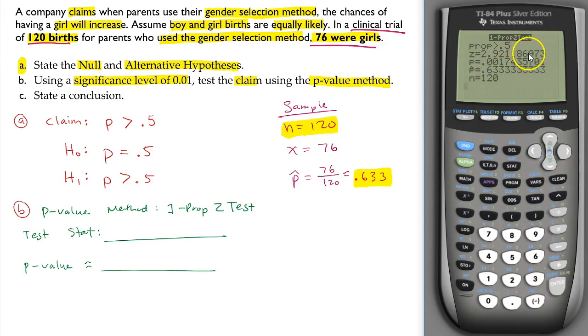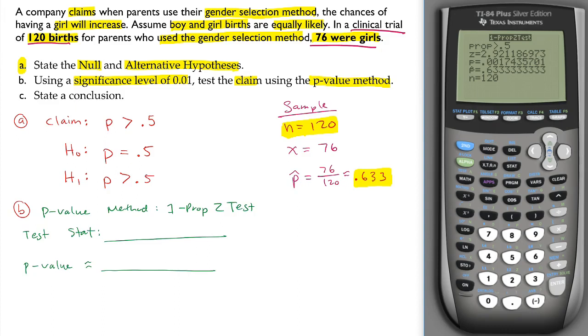This is the test statistic. This is the p-value. Again, do not confuse this p with this p right here. This is the p-value, which is the probability of getting this result. These p's right here represent the population proportion of girls. And this p hat is the sample proportion, which we calculated right here. Okay, so let's write those down.